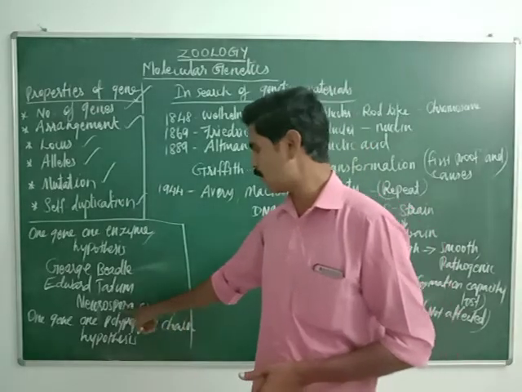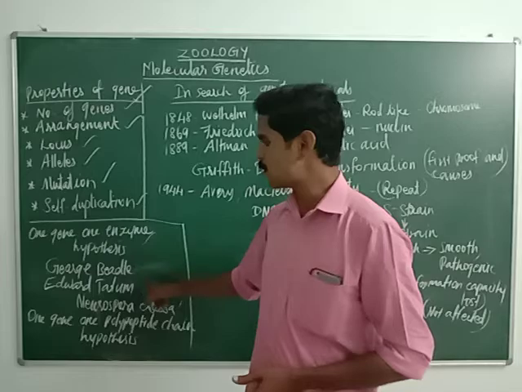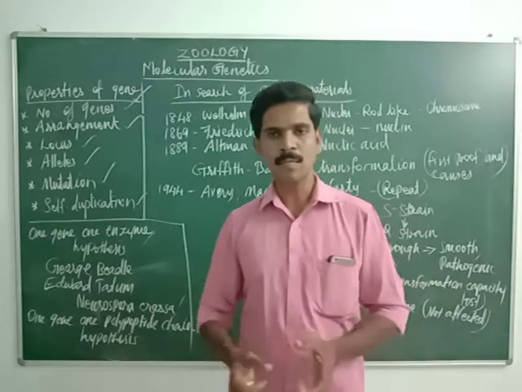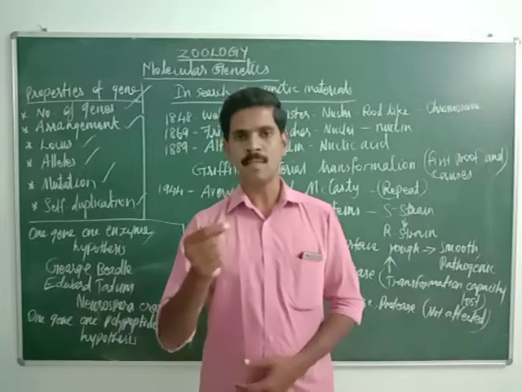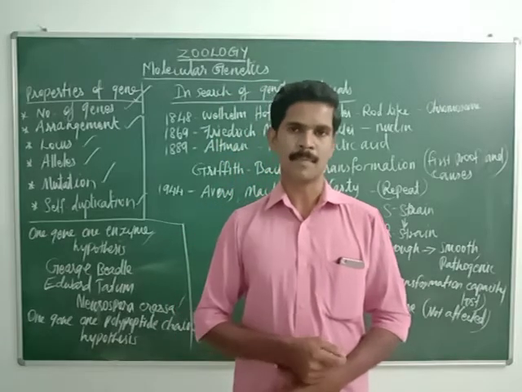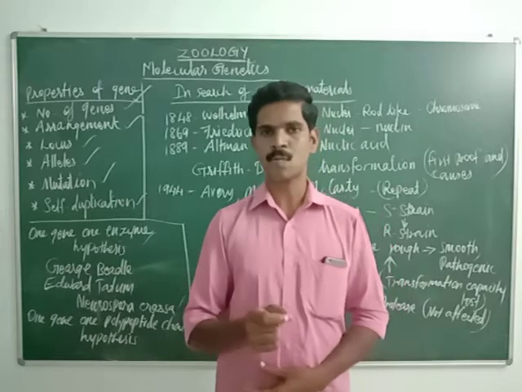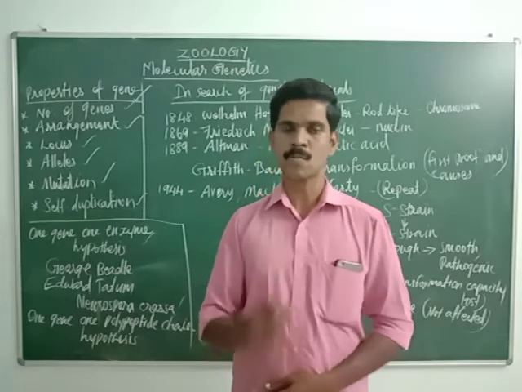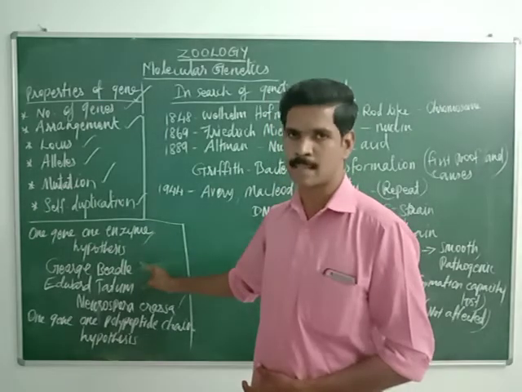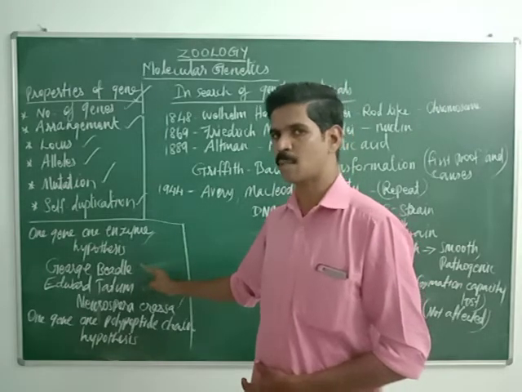In the body of Neurospora crassa, these two scientists conducted one experiment. According to this experiment, one gene controls the production of a single enzyme. So an enzyme's production is controlled by a single gene. This hypothesis is called the one gene, one enzyme hypothesis. Hope you understood this first 2-mark question.